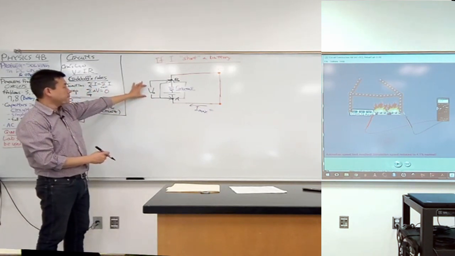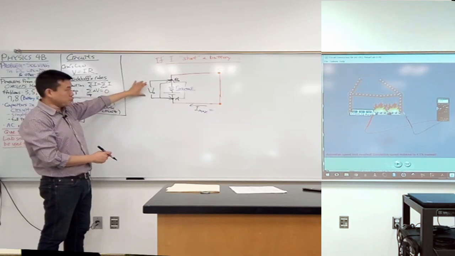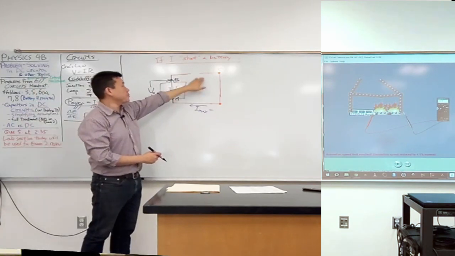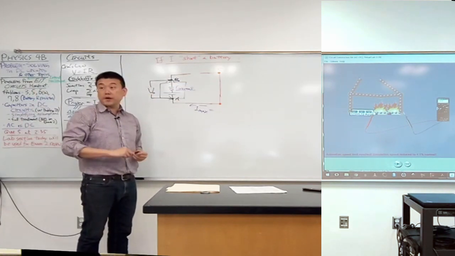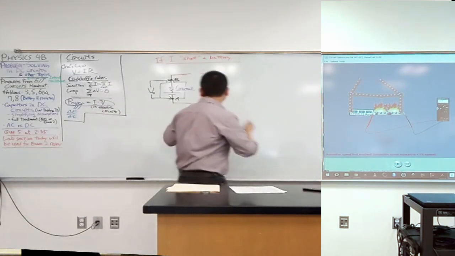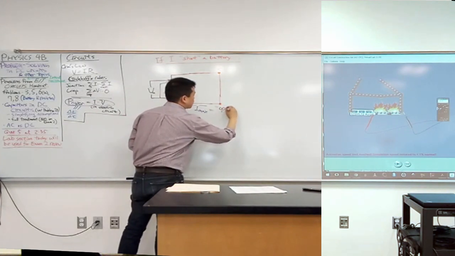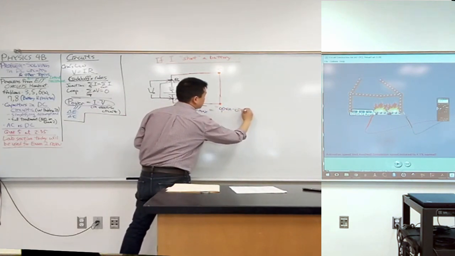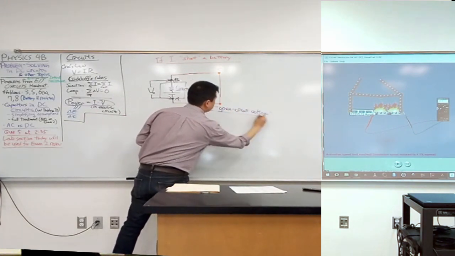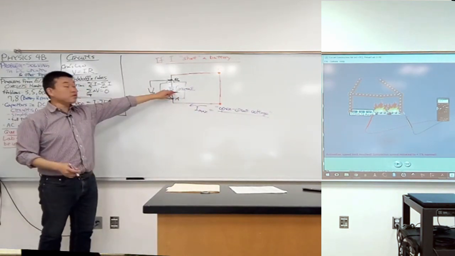This is what's sometimes called open circuit voltage. That's the voltage you would measure if you had an open circuit. The circuit is broken somewhere, so no current flowing. So this maximum current, let me write it down that way. Open circuit voltage of the battery divided by the internal resistance.